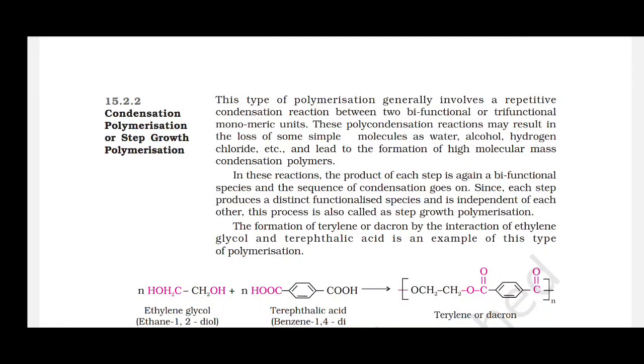In these reactions, the product of each step is again a bifunctional species and the sequence of condensation goes on. Since each step produces a distinct functionalized species and is independent of each other, this process is also called step growth polymerization.